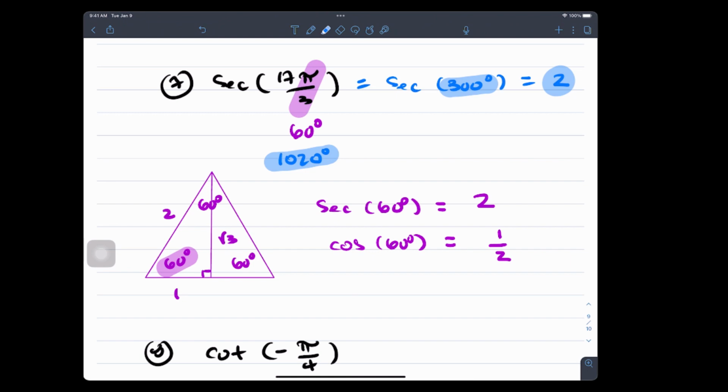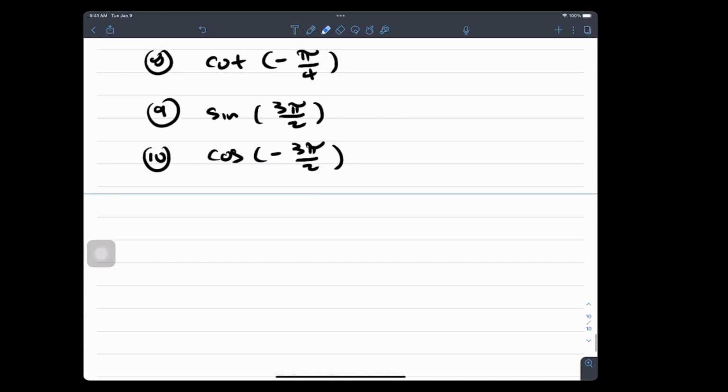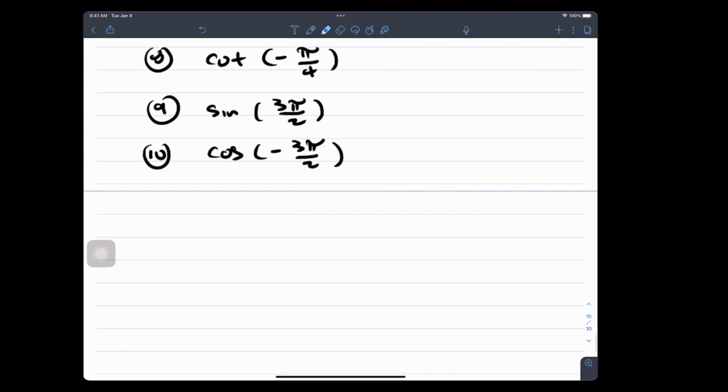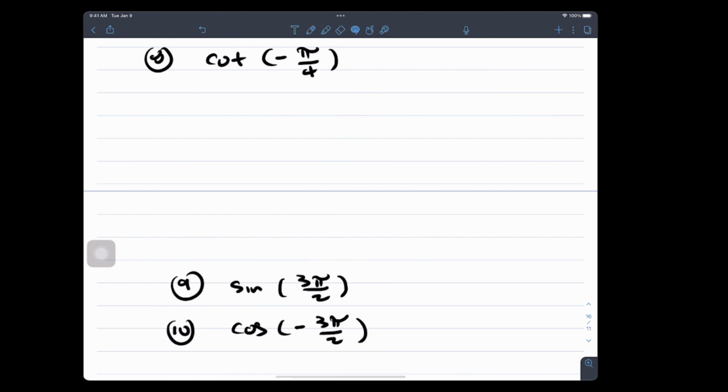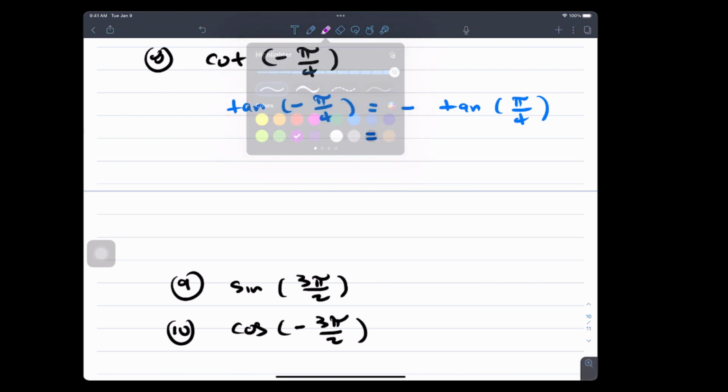So this is the logic you want to go through. And then cotangent, you might say, how do I handle cotangent? Well, what do you guys know about this? Probably it is better for you to find what? Tangent of negative pi over 4. And what do I know about tangent? Isn't tangent odd? So I can pull out my negative sign. Is that right? Is that true?